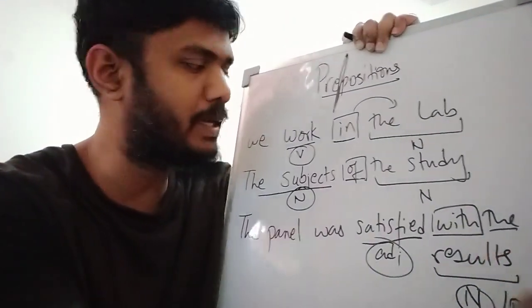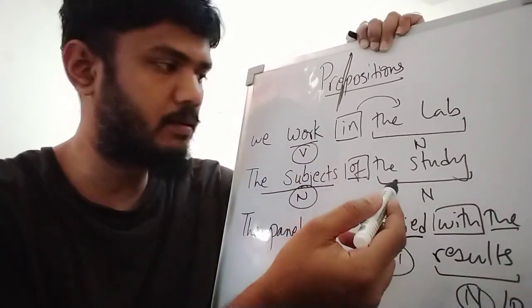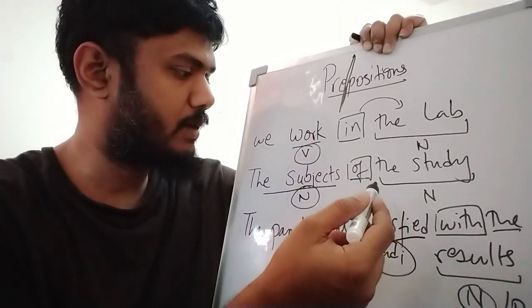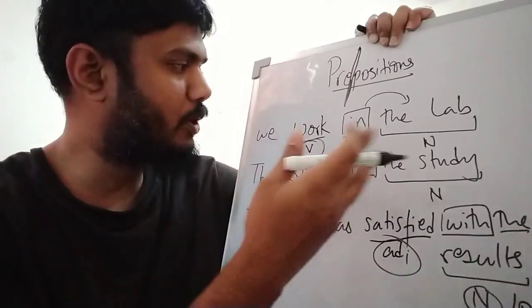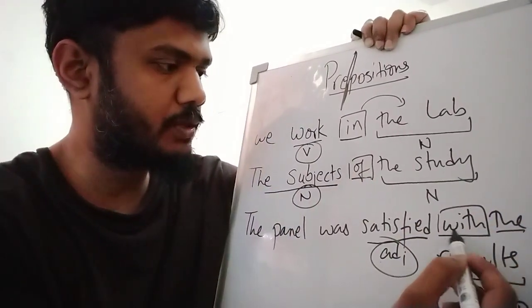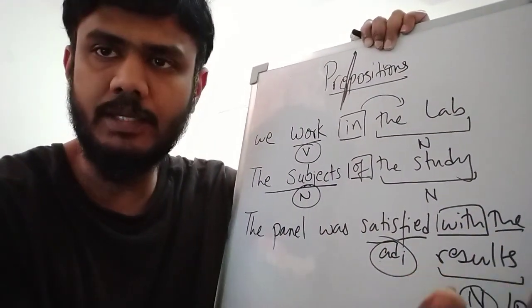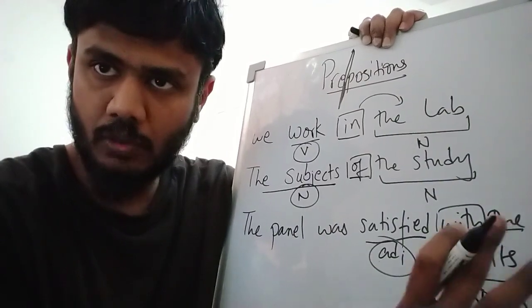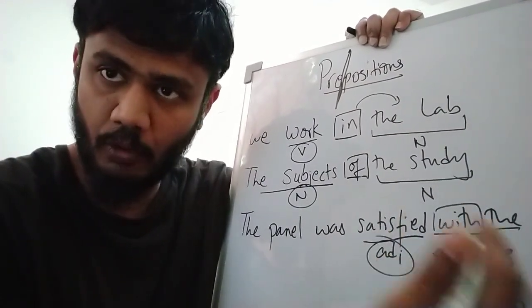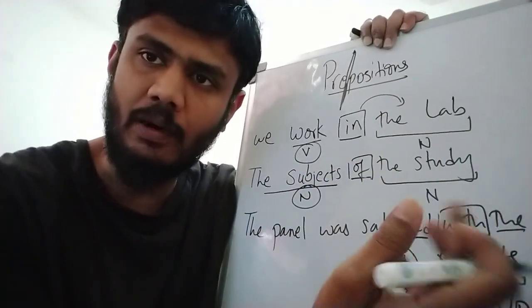So instead of the results, I can just say the panel was satisfied with it or them. So prepositions can be followed by pronouns as well, right? A pronoun essentially stands in place of a noun. It functions as a noun.